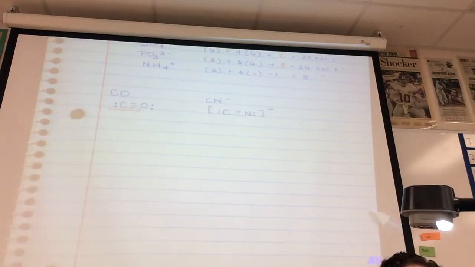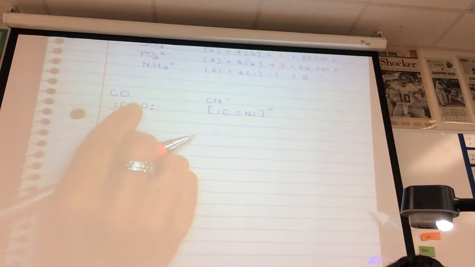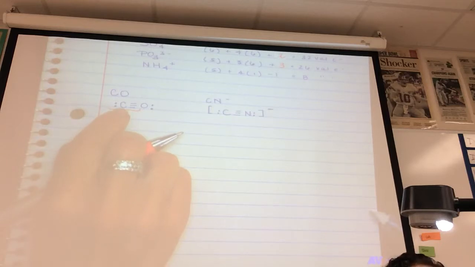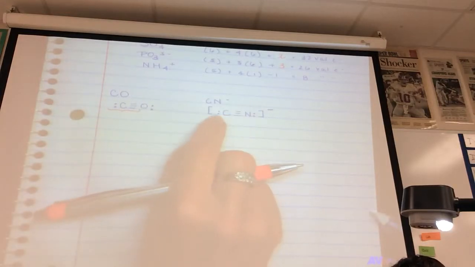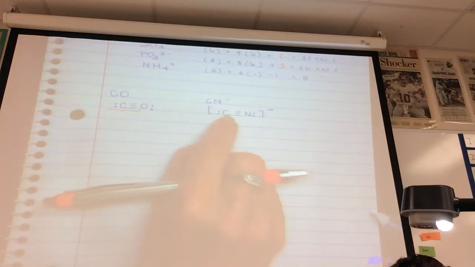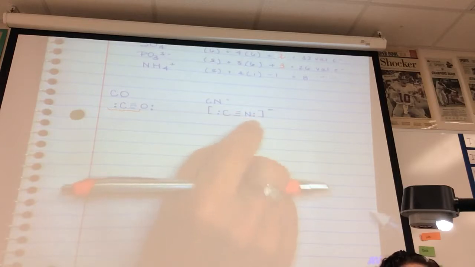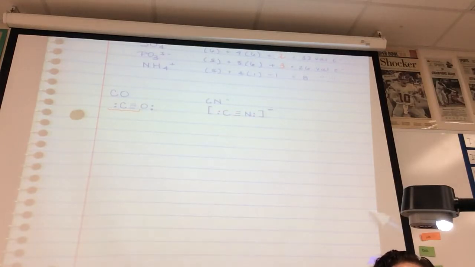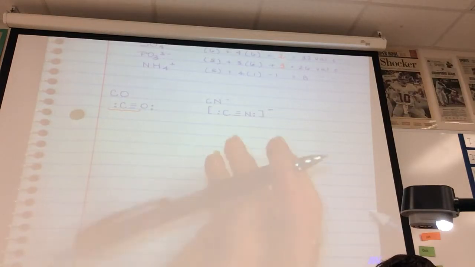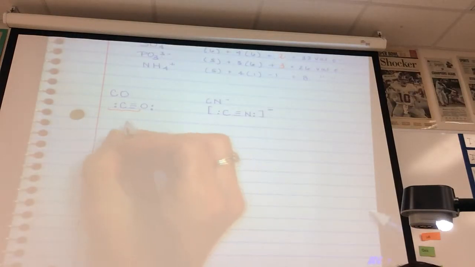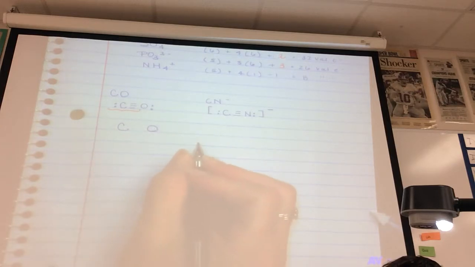Each stick is 2: 2, 4, 6, 8, an octet around carbon; 2, 4, 6, 8, an octet around oxygen. But I think maybe you're asking where they came from. Yeah, because carbon has 4 valence electrons, and it's already sharing 3 of them with the triple bond. So where did it get the 5th one to get the lone pair?